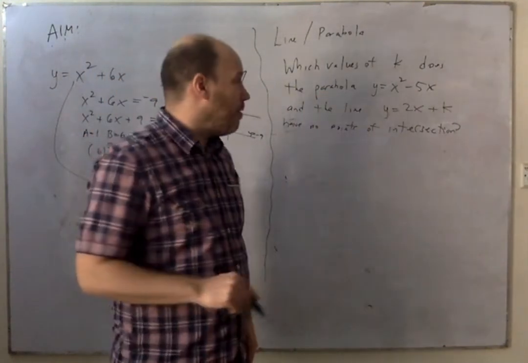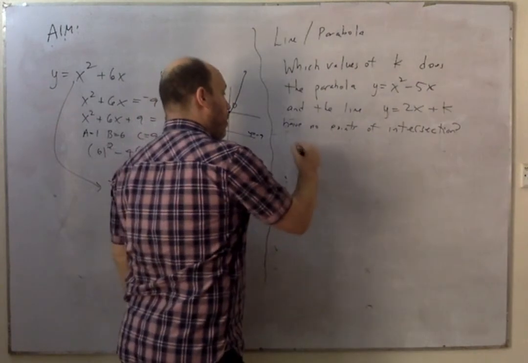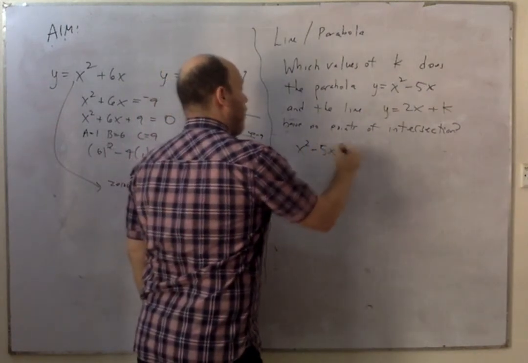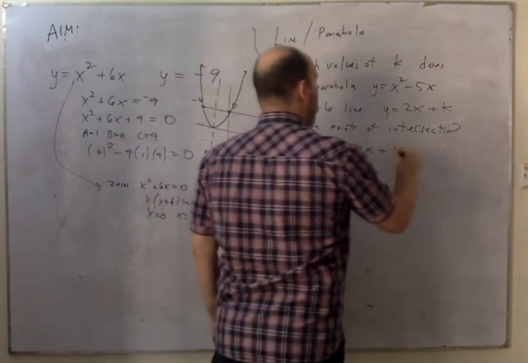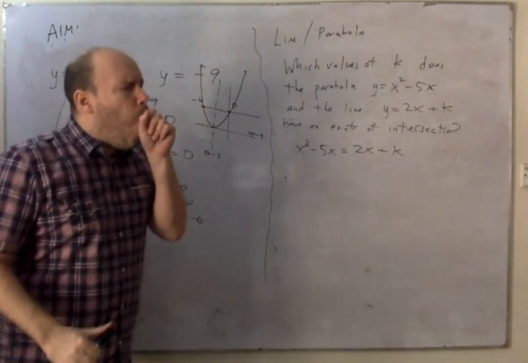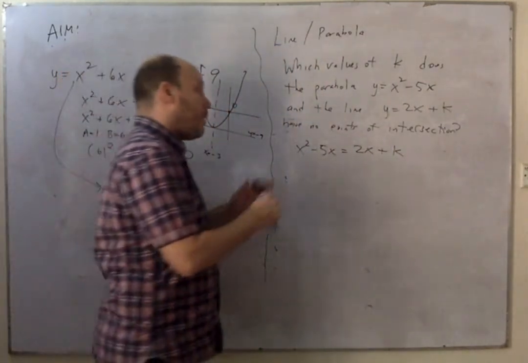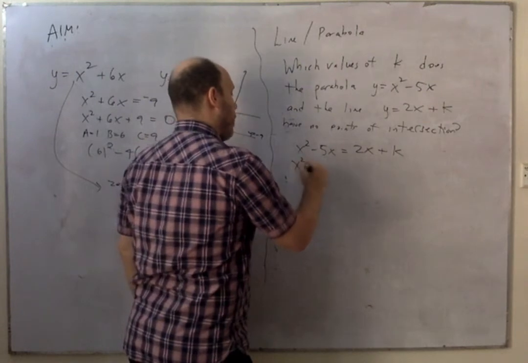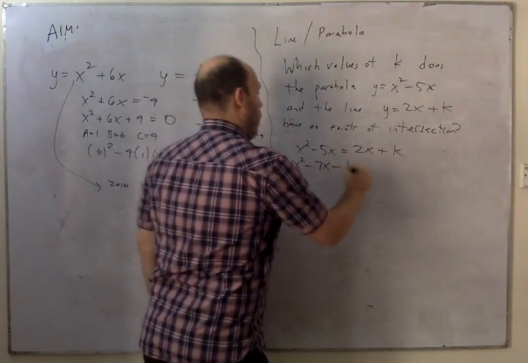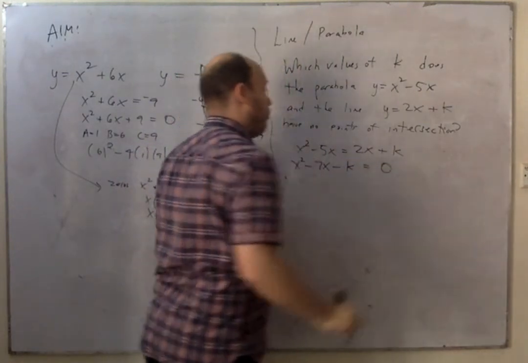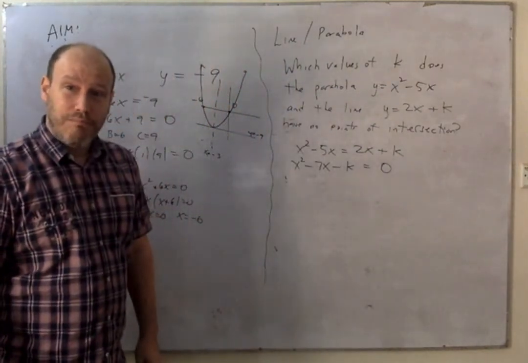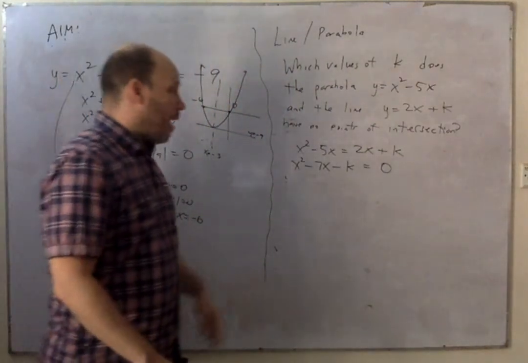Okay, we're back. Well, set them equal to each other. X squared minus 5x equals 2x plus k. Set it equal to 0. Okay, so this is good.